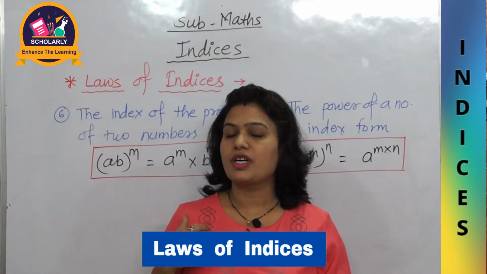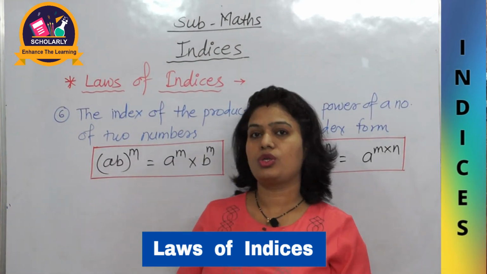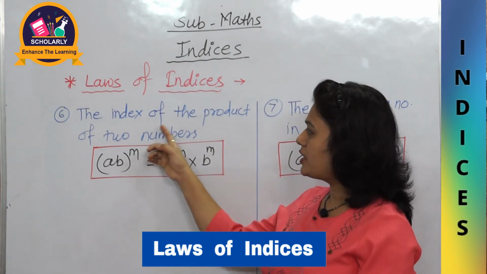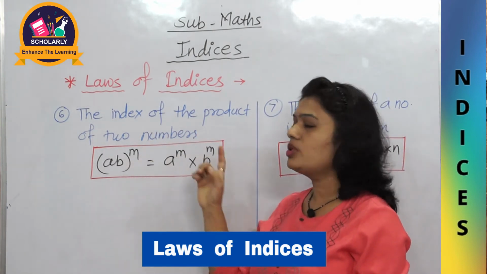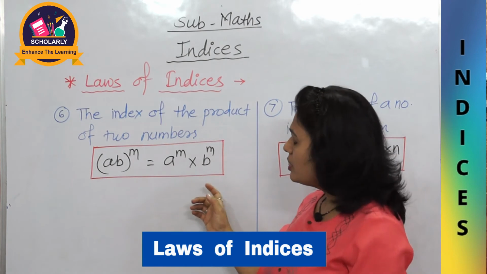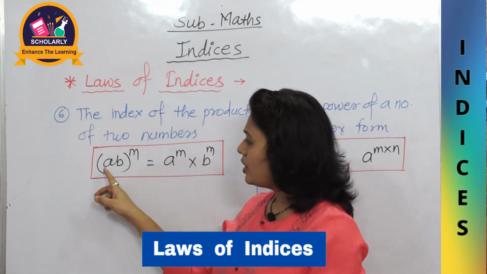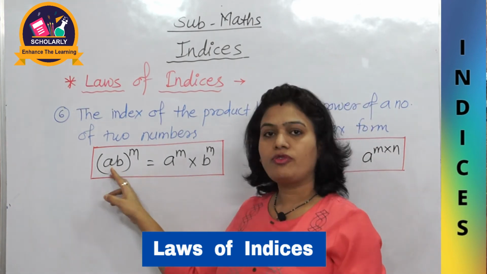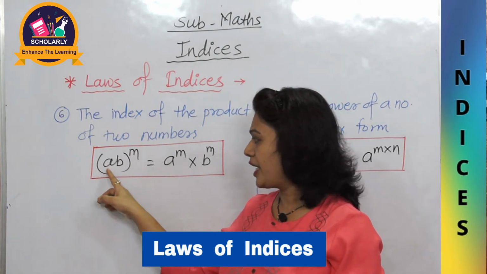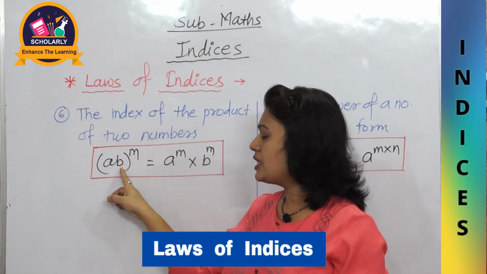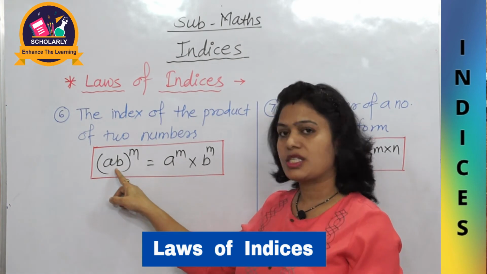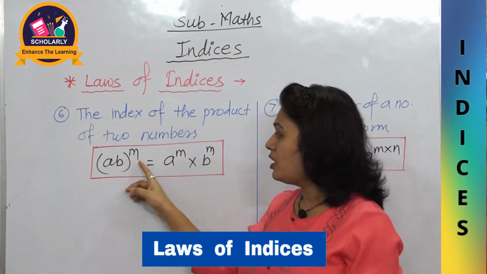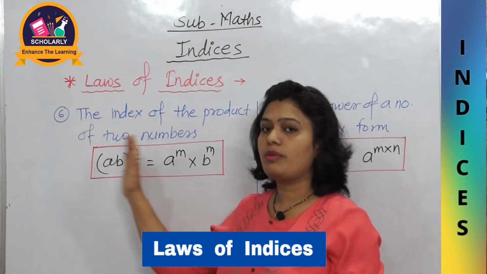Let's see the sixth rule or sixth law of indices, the index of the product of two numbers. Observe this formula. AB, the product of two numbers, is given in the bracket. A and B are the two numbers, and A into B is given in bracket. The index is given to the whole bracket.